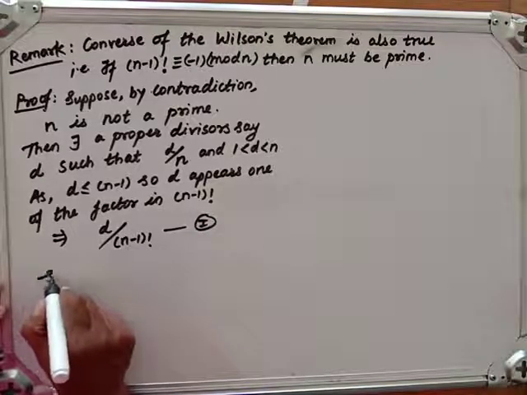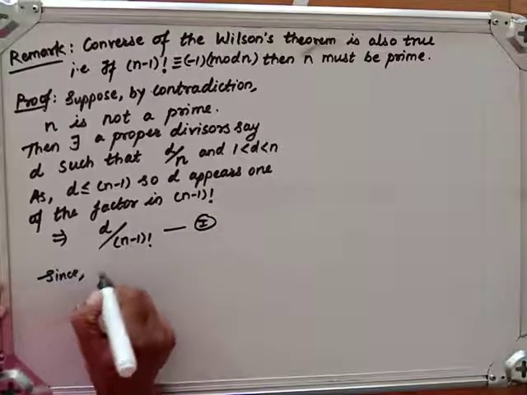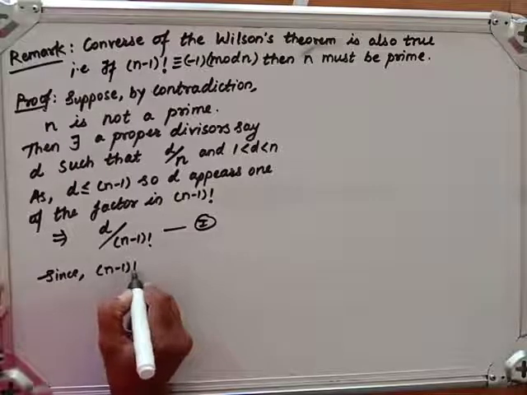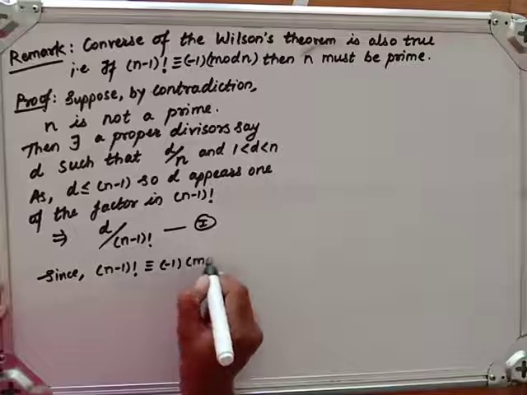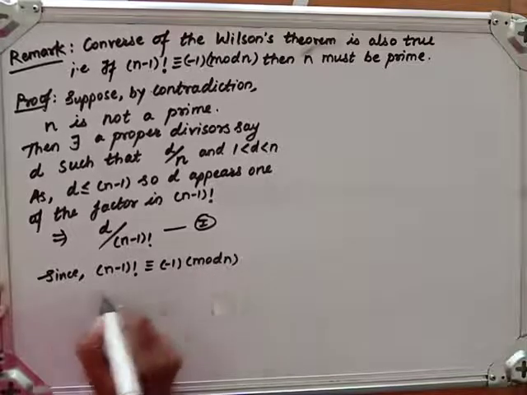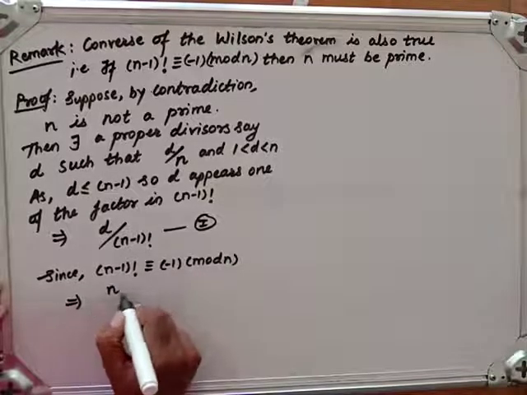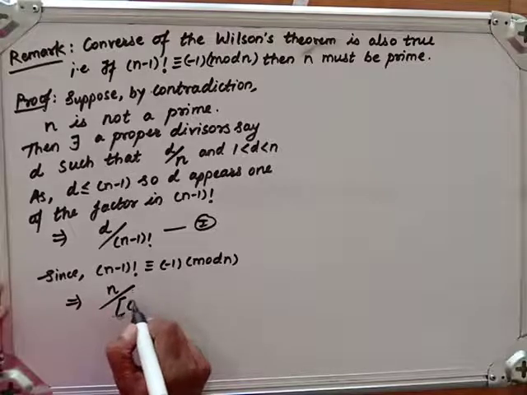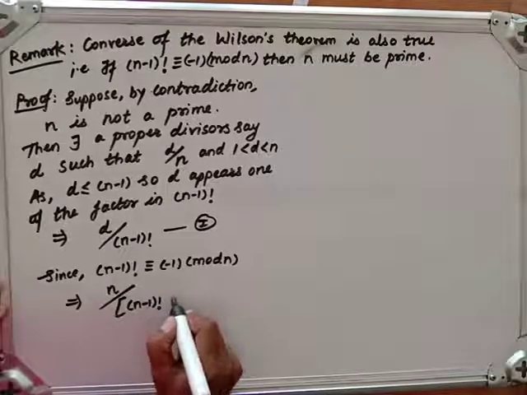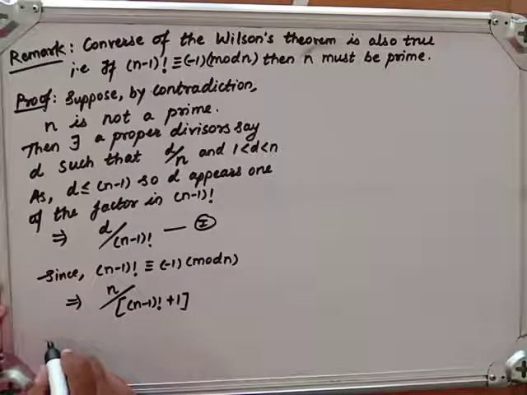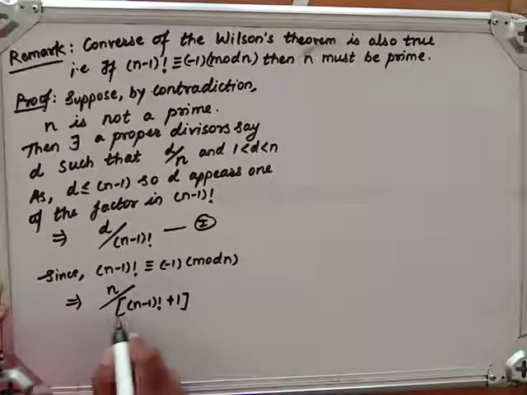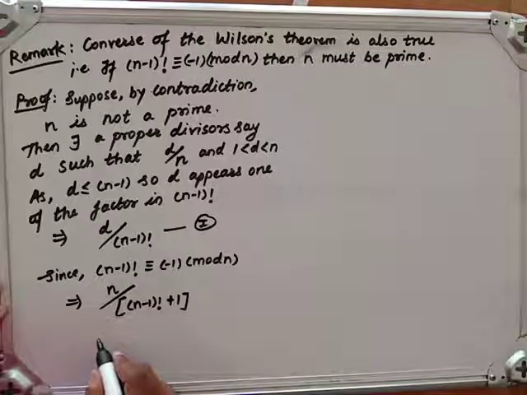Now, since (n minus 1) factorial is congruent to minus 1 modulo n, this gives n divides (n minus 1) factorial plus 1, by the definition of congruence.